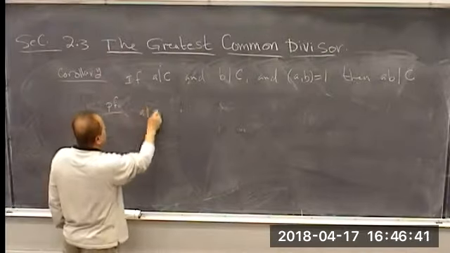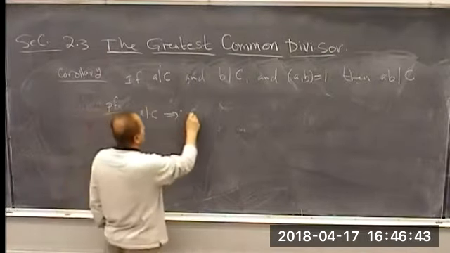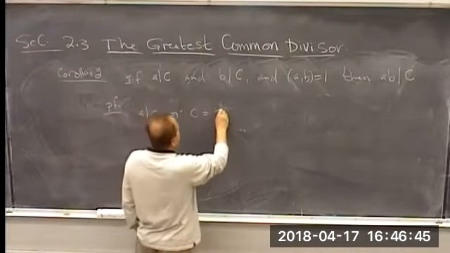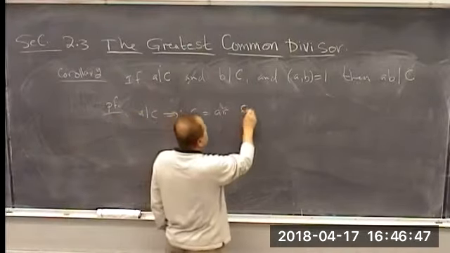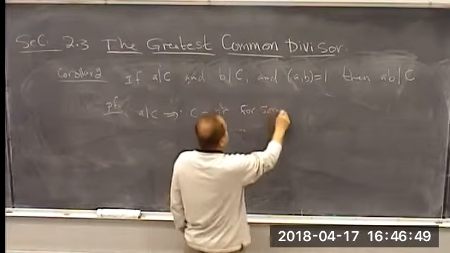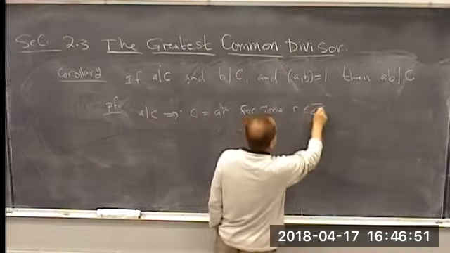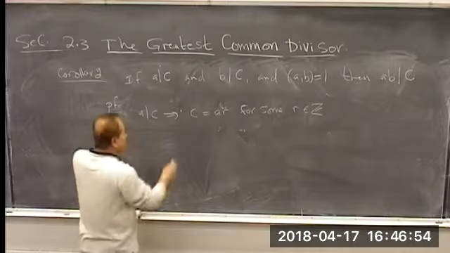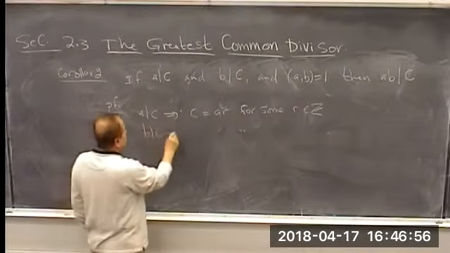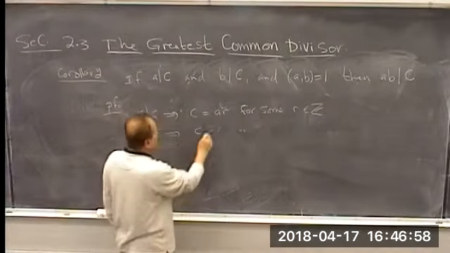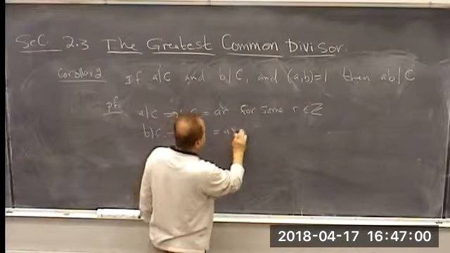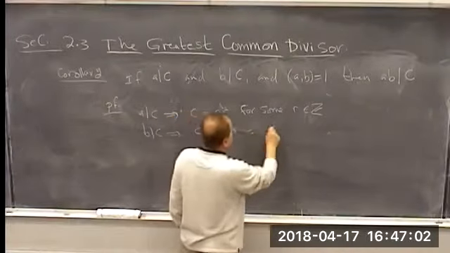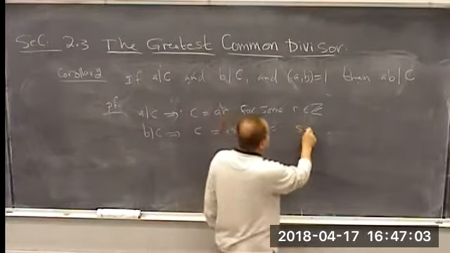A divides C implies I can write C as AR for some R in Z. Similarly, B divides C implies I can write C as BS for some S in Z.